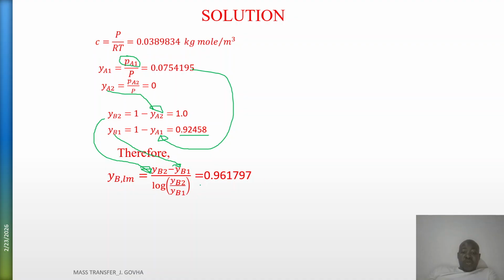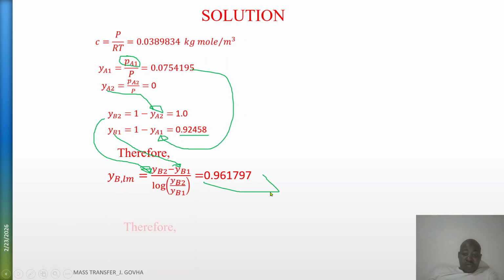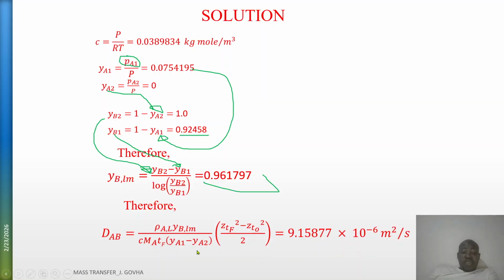Then we calculate to get a value of 0.96 there. Right. So then moving forward, now calculating GAB.